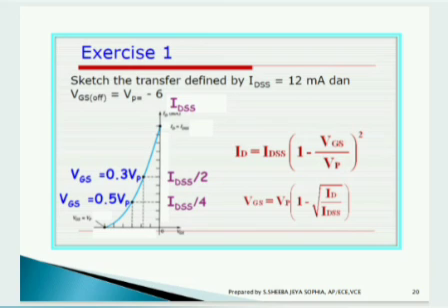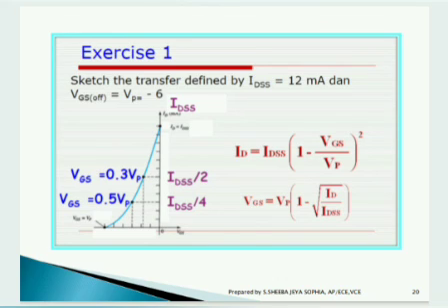Moving to the problem part, exercise 1: sketch the transfer characteristics defined by IDSS equal to 12 milliamps and VGS off equal to VP equal to minus 6 volt. As we know the formula ID is equal to IDSS into 1 minus VGS by VP, the whole square. You can apply these values and find the values of VGS, since both IDSS and VP are given in the problem.